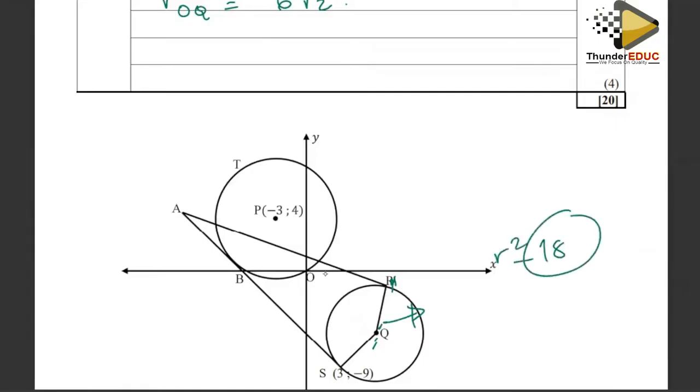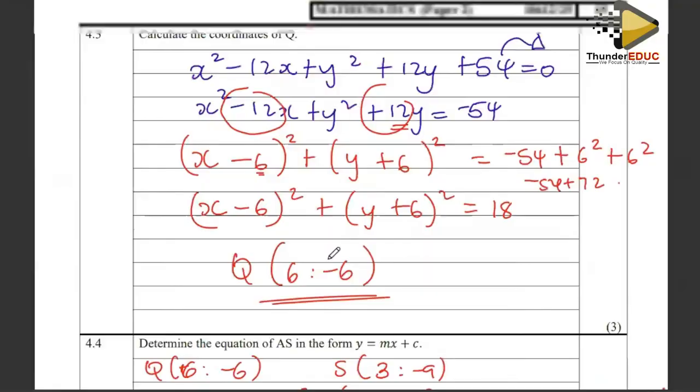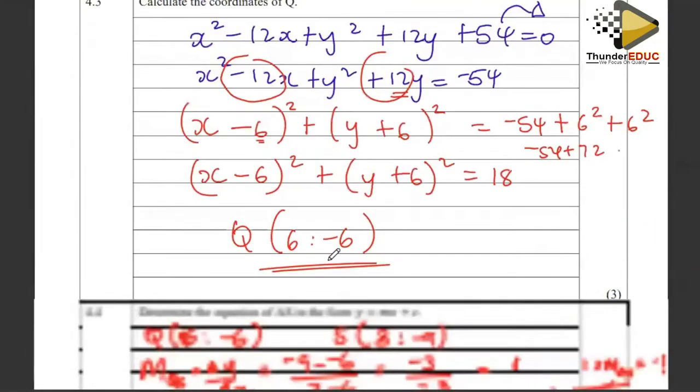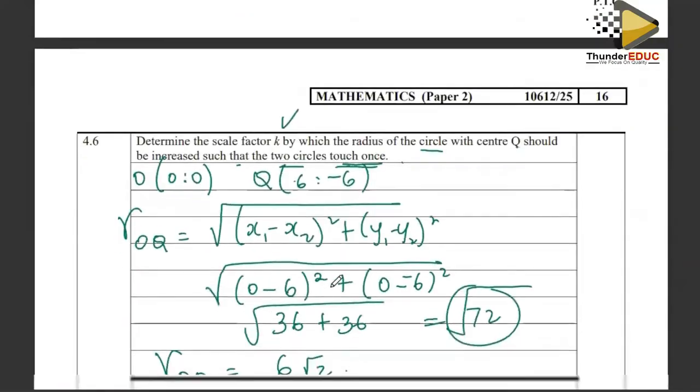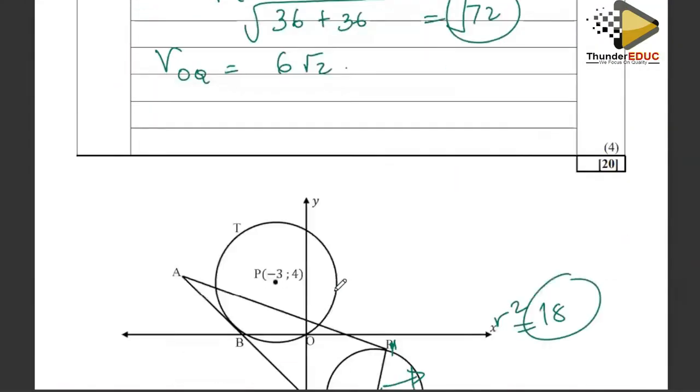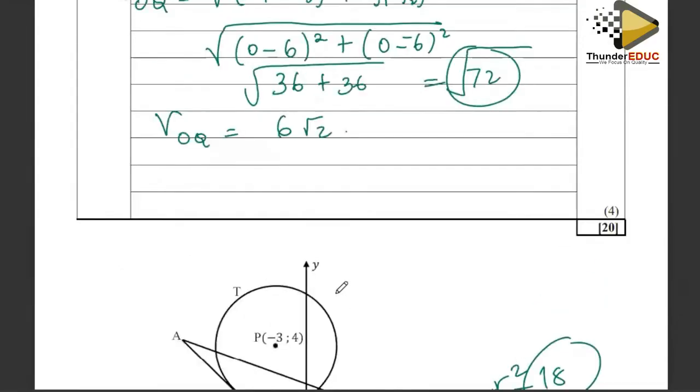R squared is 18, from the equation that we worked out. Here is the equation. So RQ is going to be the square root of 18, and the square root of 18 gives me just 3 square root of 2.